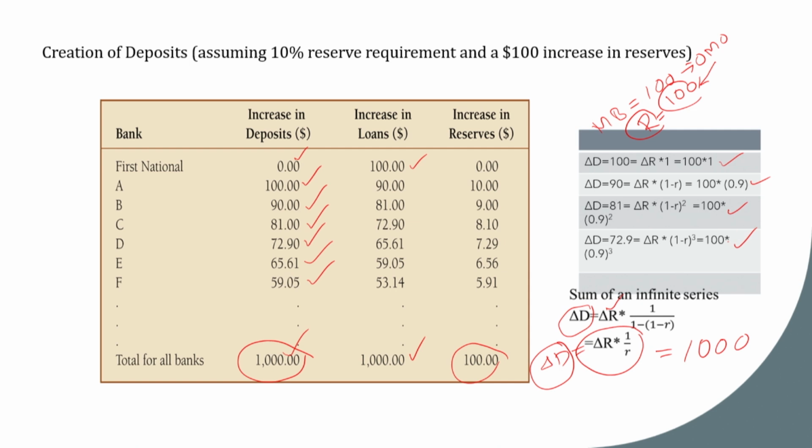So this 1 by the required reserve ratio is considered the simple deposit multiplier.